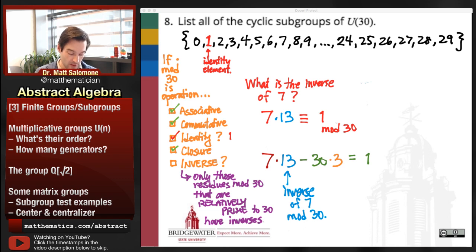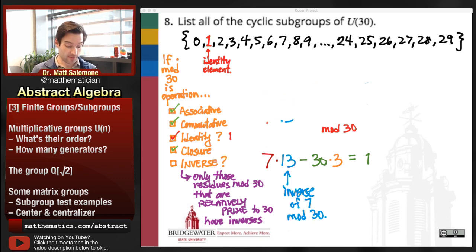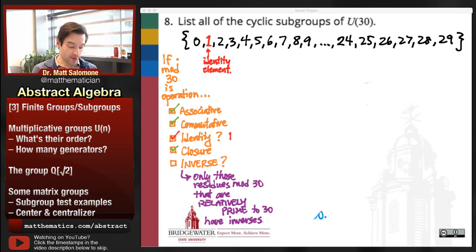So what that tells me is that all of these 30 different elements that belong to the group Z30, all of my additive equivalence classes mod 30, 0, 1, 2, 3, 4, 5, up to 29, not all of these are going to be able to be elements of the multiplicative group U30, because not all of them are going to have multiplicative inverses mod 30. Only those that are relatively prime to 30 will.